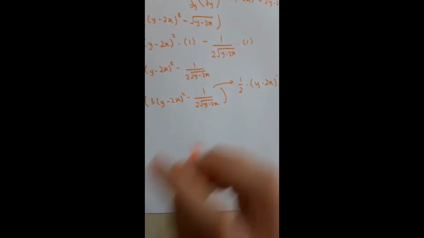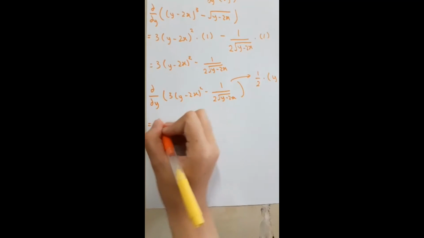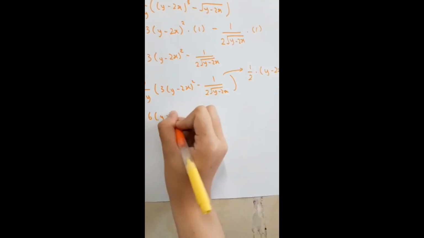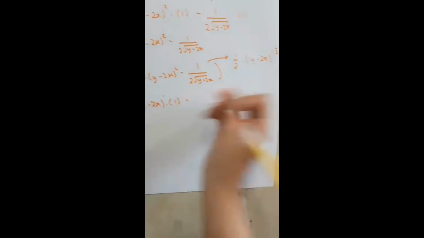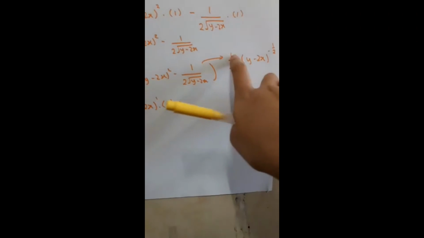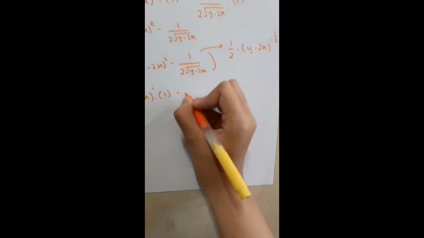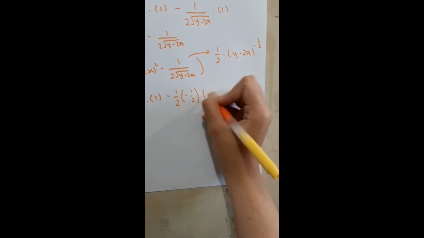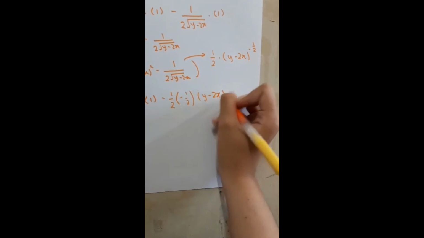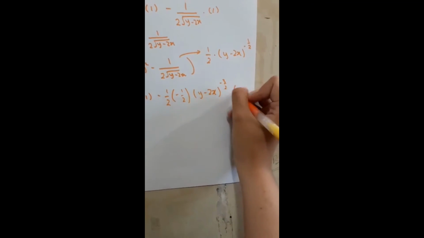Okay, so we differentiate this one, we will get 6(y minus 2x) times 1 minus 1 over 2 times negative half (y minus 2x) to the power of negative 3 over 2 times 1.